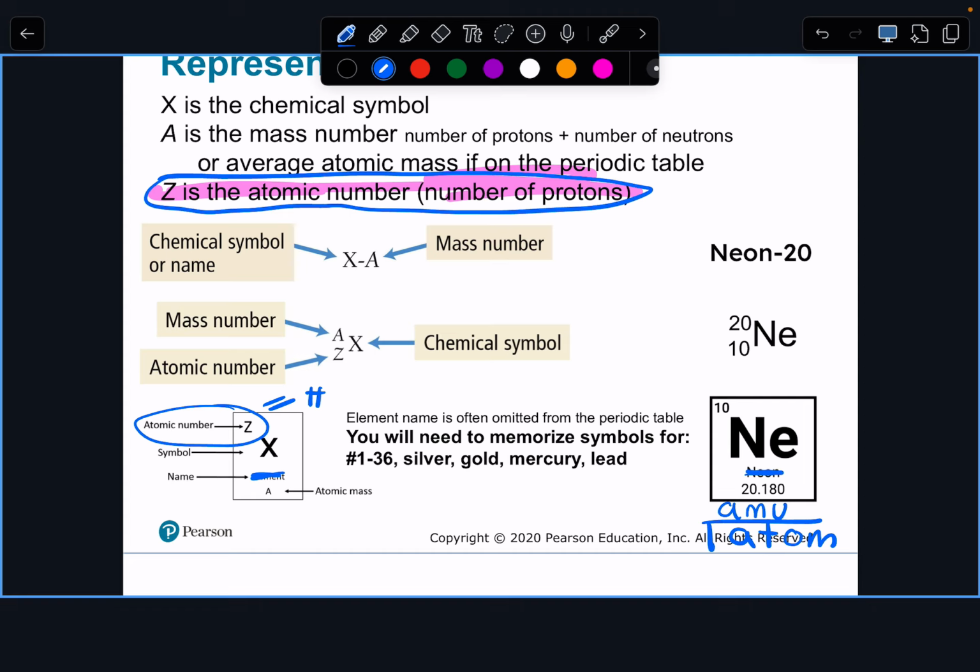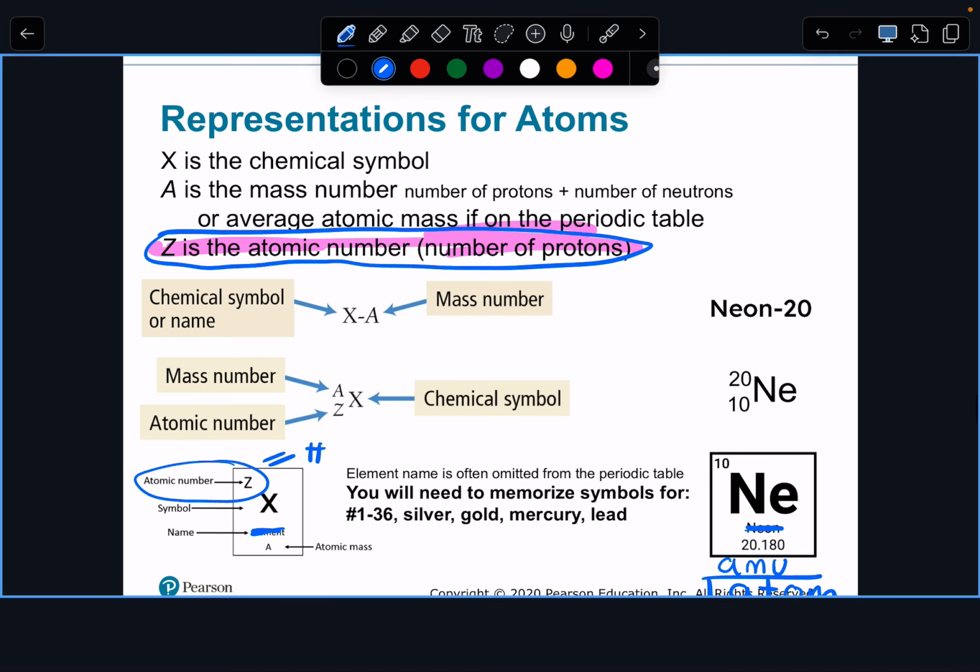And you know that neon has 10 protons, because it's not neon if it doesn't have 10 protons. So that mass number is equivalent to protons plus neutrons. If your protons is 10 and you know the total is 20, then obviously the neutrons needs to be 10 as well.